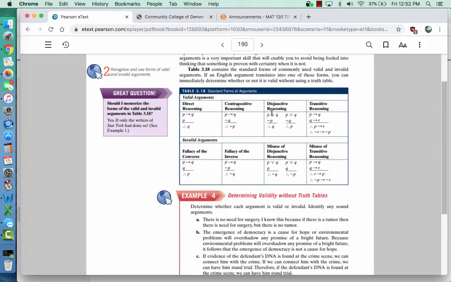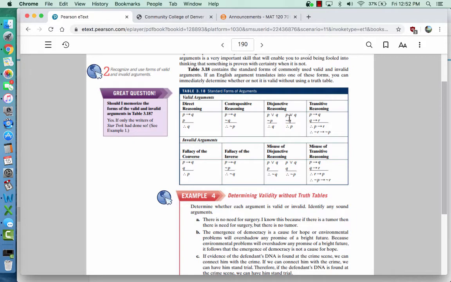All right, then disjunctive reasoning. The way this works is that if we assume that P or Q is true, so basically we know that P or Q is true, or both of them is true, and then we assume that not P is true, that means that Q must be true. Another way of thinking about it is if we know for sure that P or Q happened, but P did not happen, we're assuming that, then Q has to have happened to make this premise true.